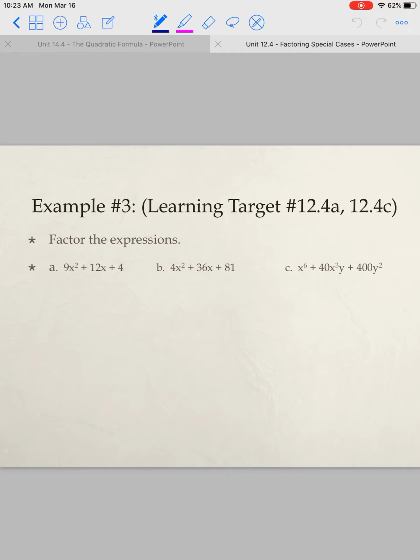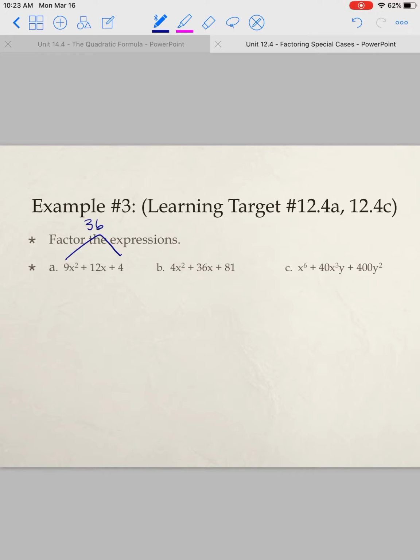Now, what's a little something different here? We don't just have x squared. We have ax squared. We have a number in front of that first term. And we know to do that, we have to multiply the first and the last term, which in this one is going to be 36.